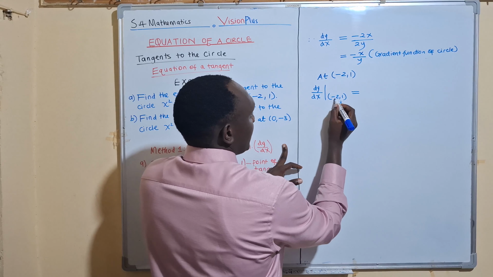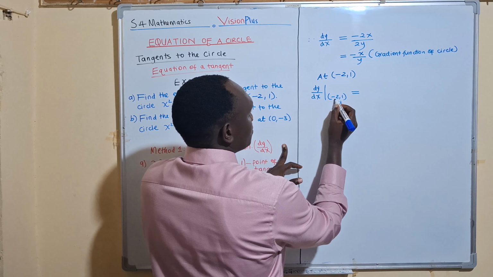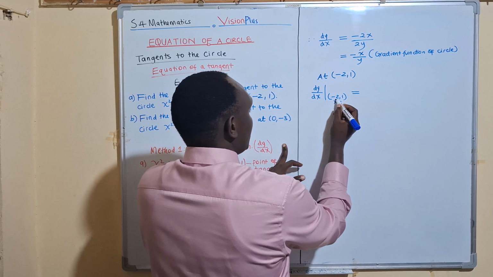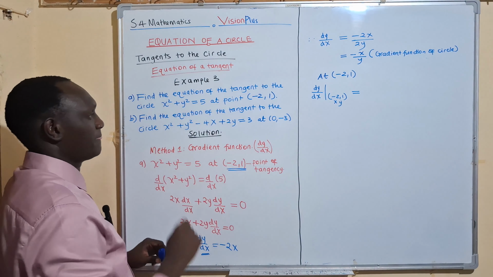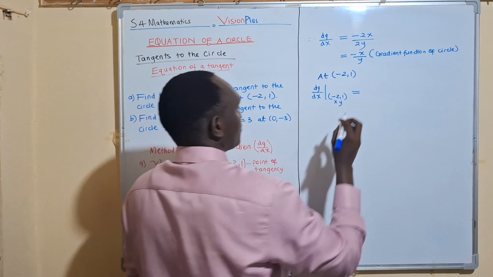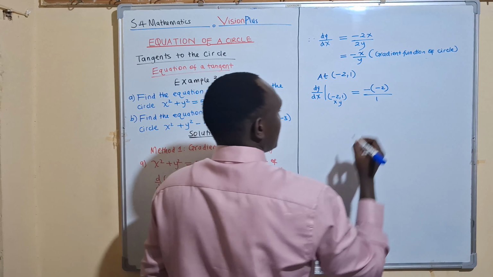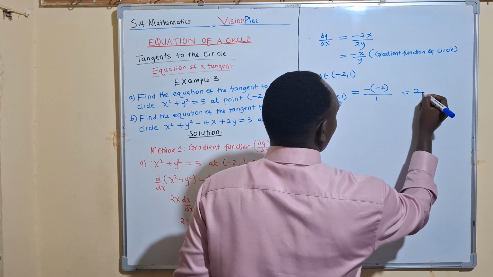What is x? x is -2, which we are seeing here. So we'll open the bracket, and then I will say -x, there is a negative already, negative, then open the bracket. What is x? x is negative 2 out of y. What is y? y is 1. This here gives us 2.